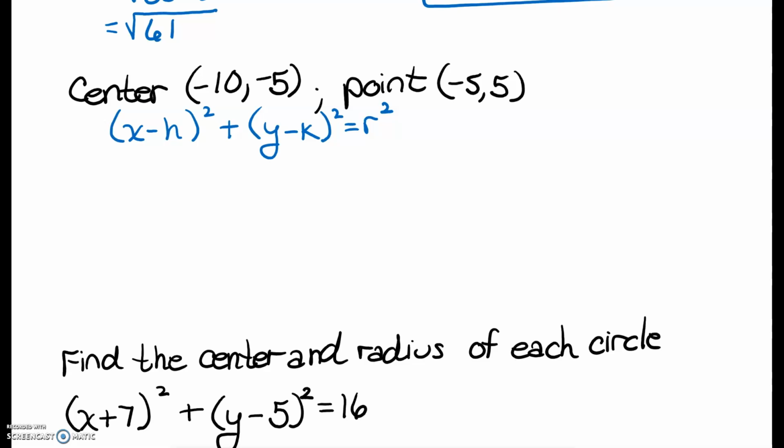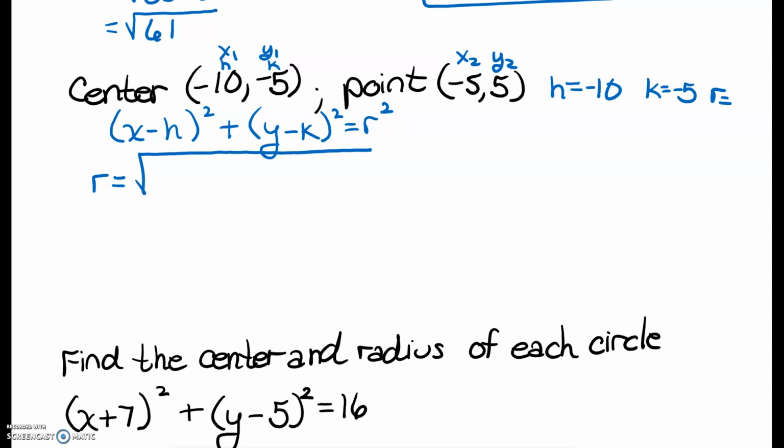So my h value, my k value: h is negative 10, k is negative 5, and I have no idea what r is going to be yet. So I'm going to say this is x2, y2, x1, y1, and then I'm going to use my distance formula to find r.